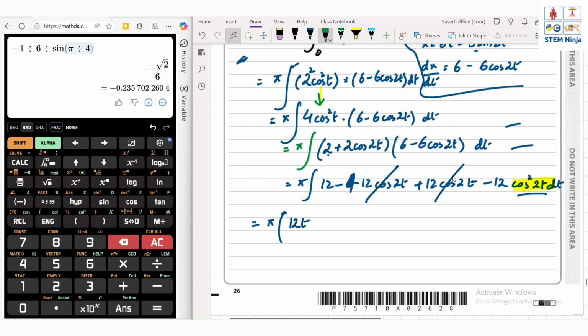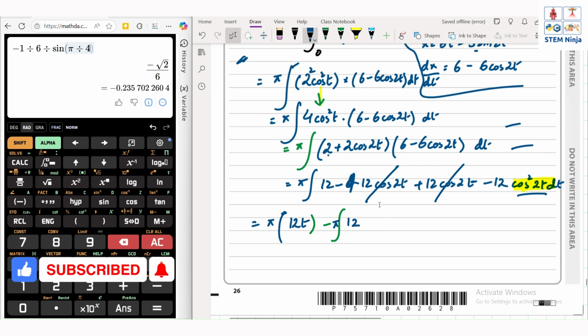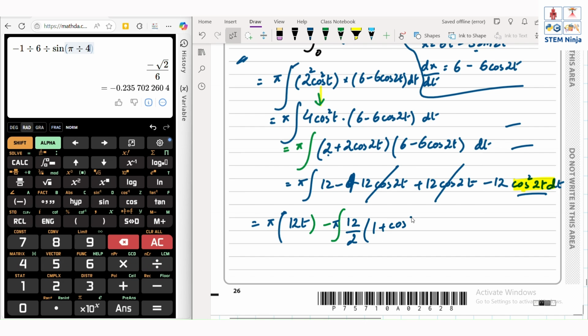These two terms get cancelled, minus this 12 pi cos squared, that means divided by 2, 1 plus cos 4t dt.